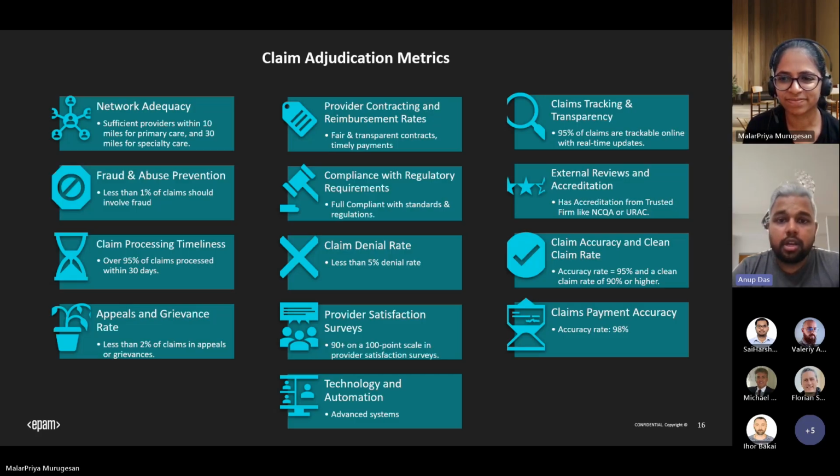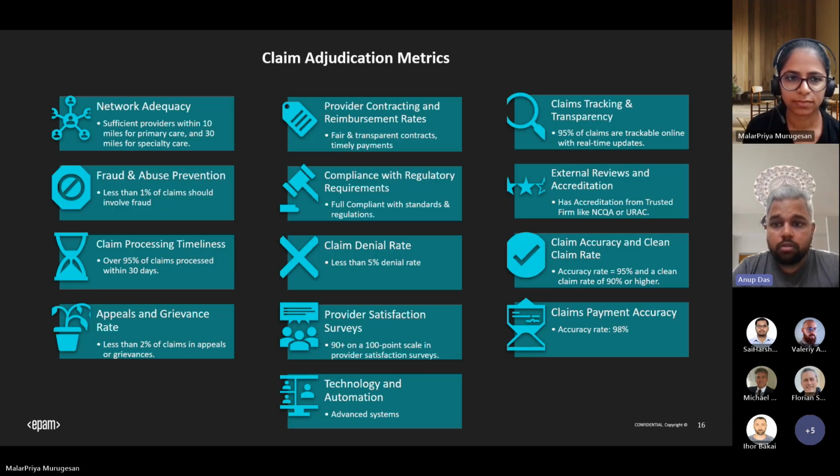So the first is network adequacy. Here MCOs evaluate network adequacy, including the availability of participating healthcare providers and specialists. They build very robust networks, which ensure timely access to care, reduce out-of-network claims, and enhance the overall claim processing efficiency.